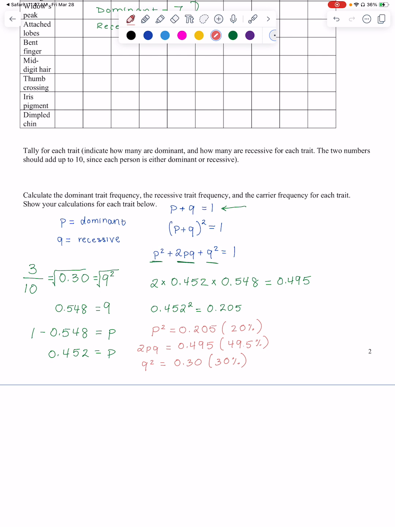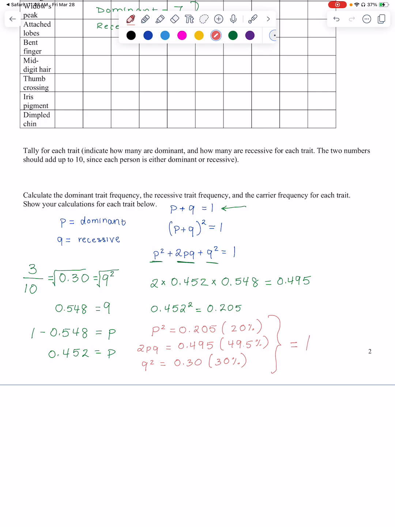And now, if we were to add all of these numbers together, so adding up our 0.205, our 0.495, and our 0.3, and plug it back into this original equation, what we should end up getting is a total of 1, which we do.